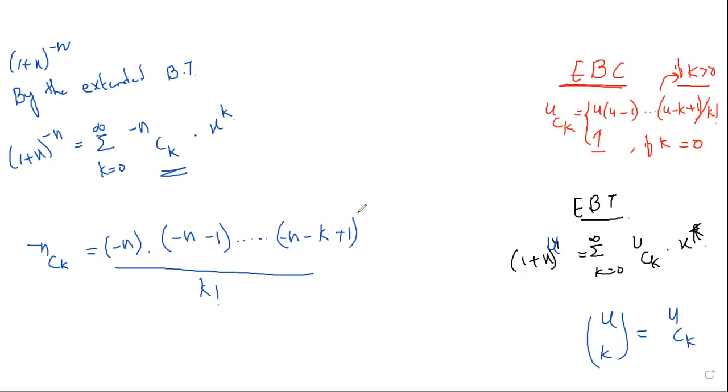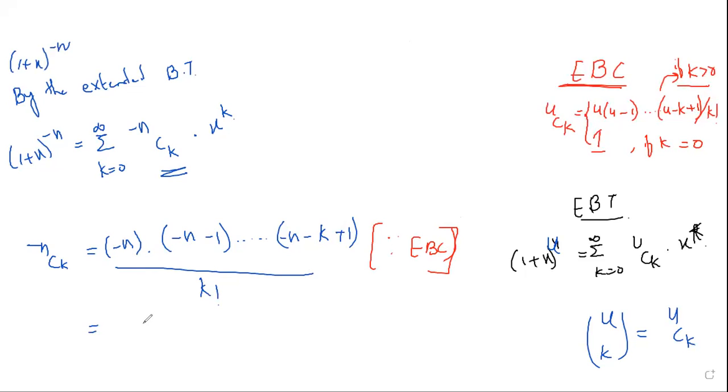This is by using the extended binomial coefficient. Now if I take minus 1 common from each and every term, how many terms are there in total?